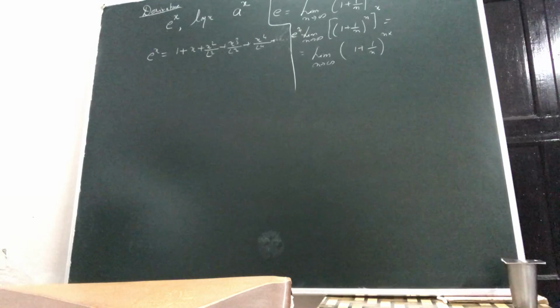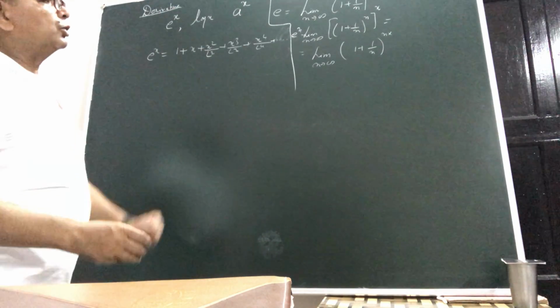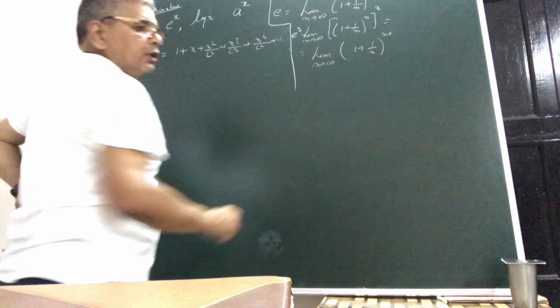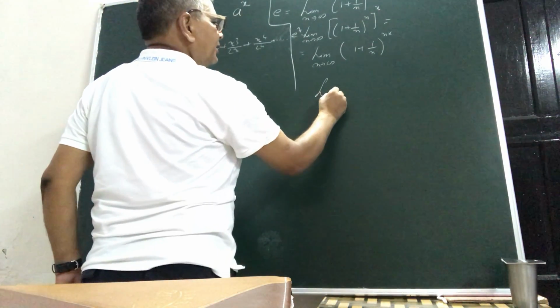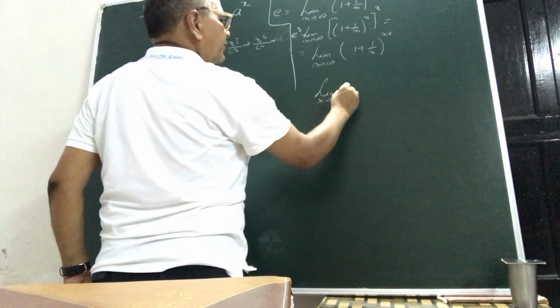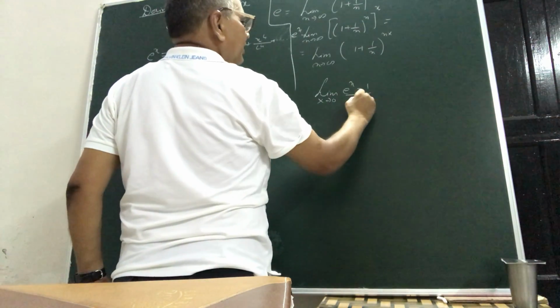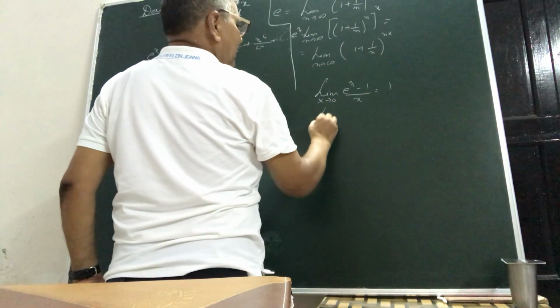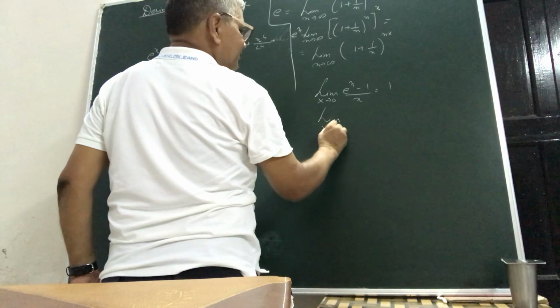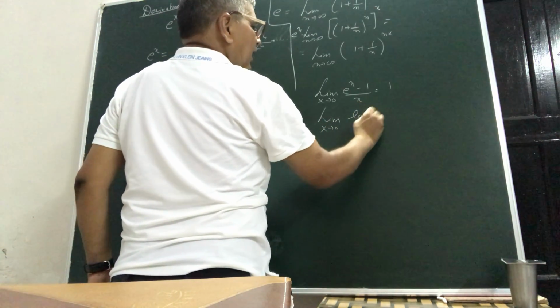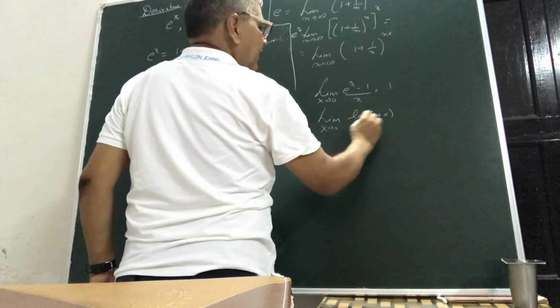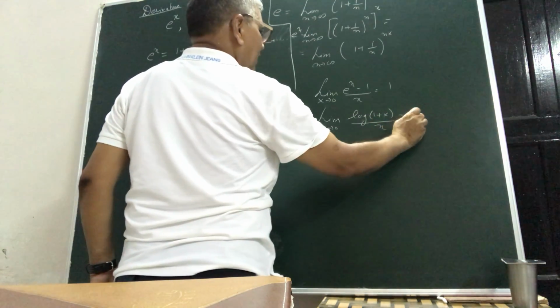Okay. So you also had the knowledge of two limits. One was limit x tending to 0 of e raised to power x minus 1 upon x, which is 1, and likewise limit x tending to 0 of log of 1 plus x upon x, which was equal to 1.